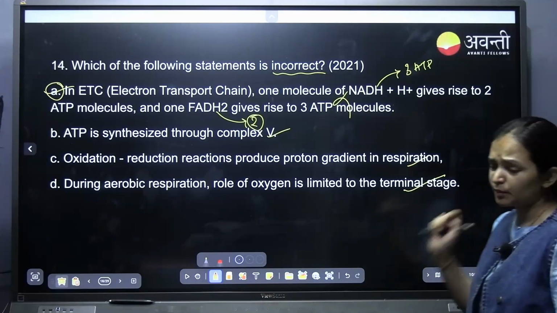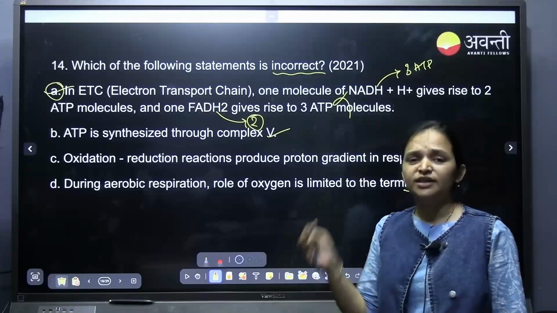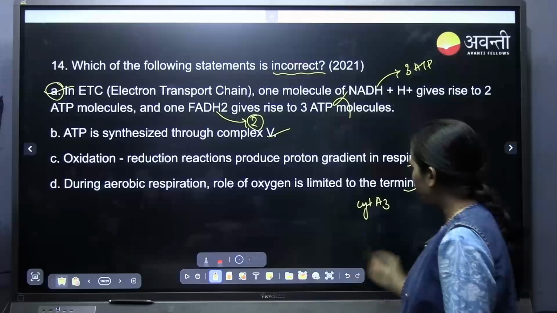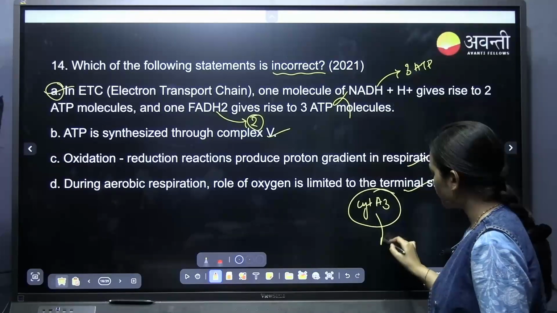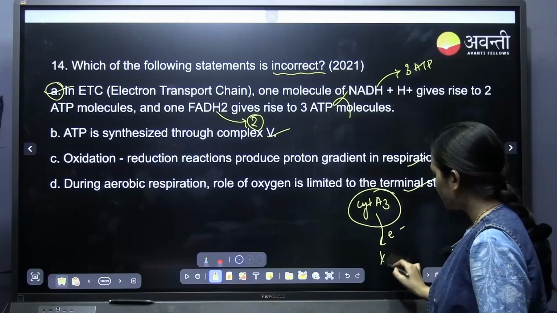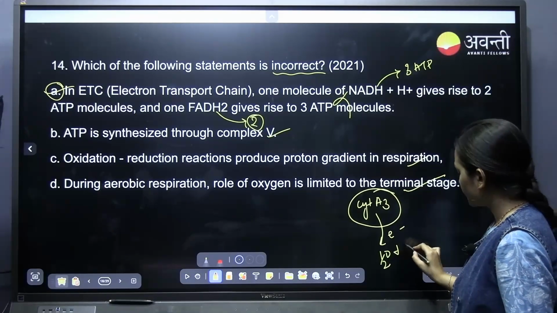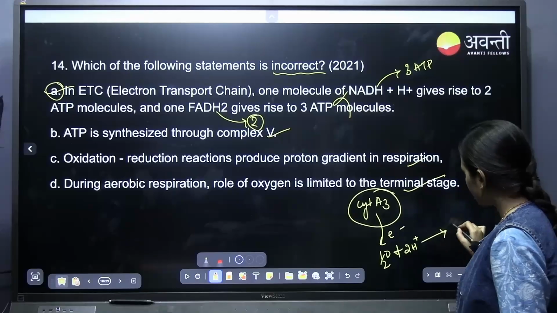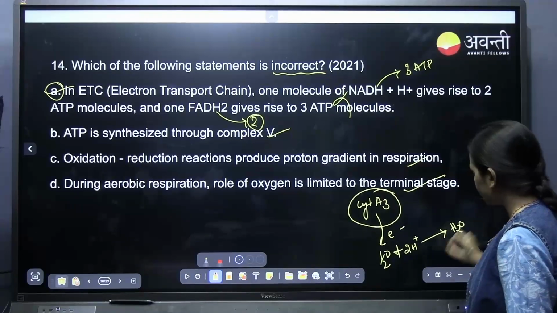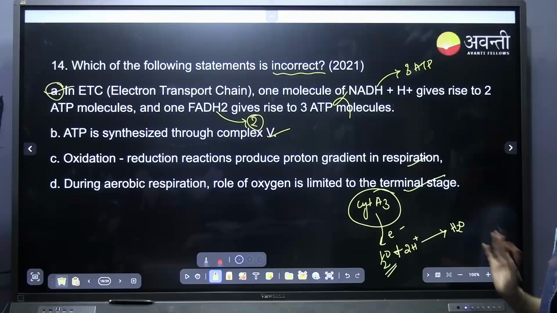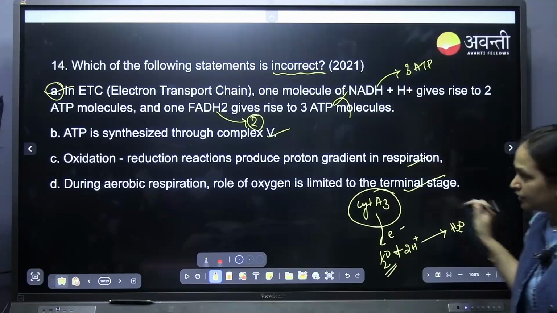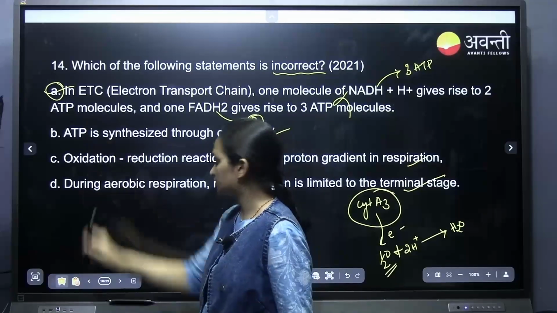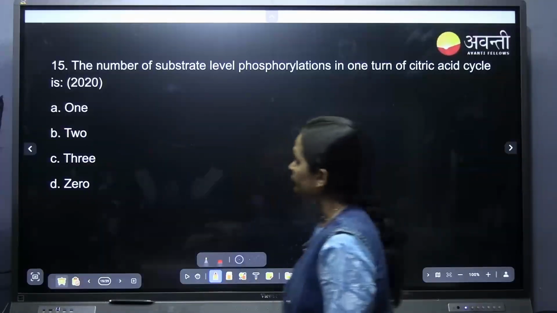Oxygen's role comes only at the terminal stage. After complex 4, the electrons from the cytochrome A3 molecule will be given to oxygen, with the help of 2H plus it will become water. So the role of oxygen is terminal, so D is also right. So the wrong option was A.